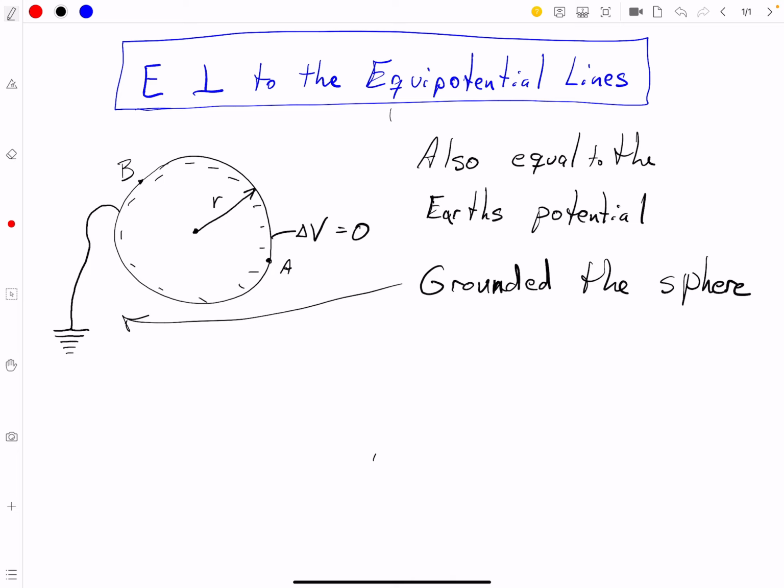What does that do for the charge on the sphere and for the Earth? Basically, whatever charge the Earth has, we have the same potential as that now. This whole thing is called grounding.